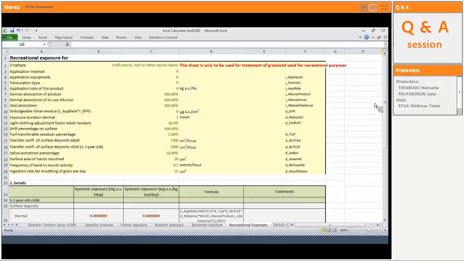So far, this is a gap, something that we don't have. We do have a little bit of help in that we have a worksheet that allows recreational exposure to be assessed, for example treatment of sports lawns or golf courses. There is an option to perform an exposure assessment there, but for really back garden application, we don't have one.